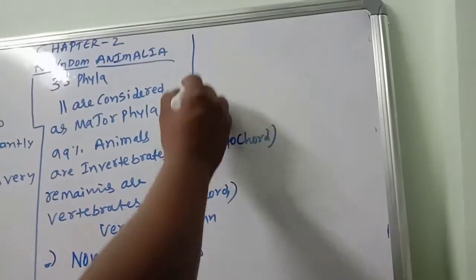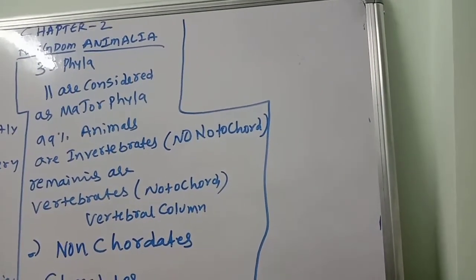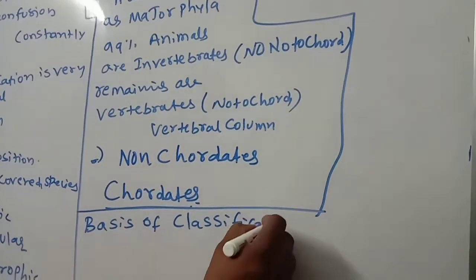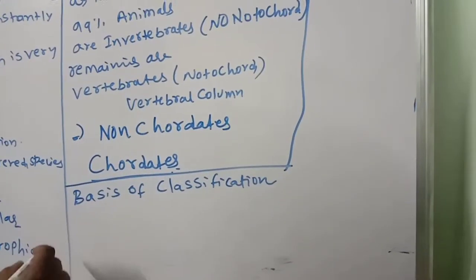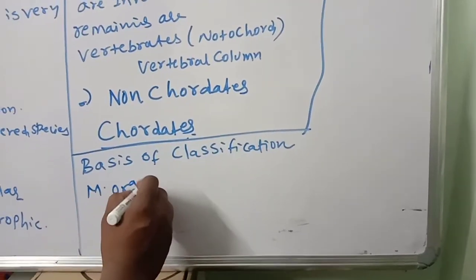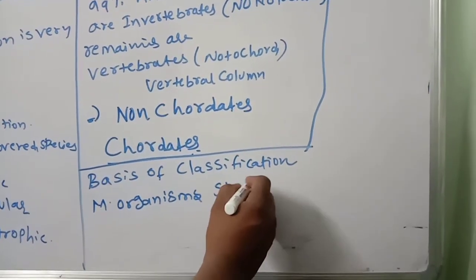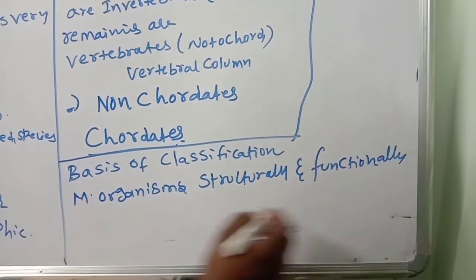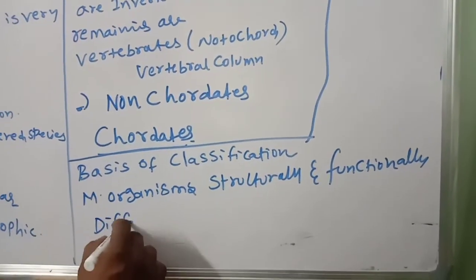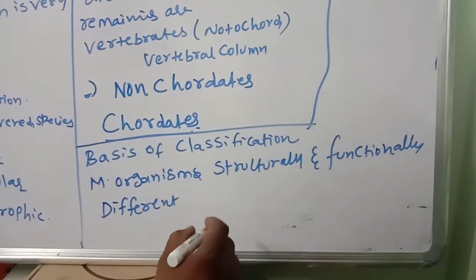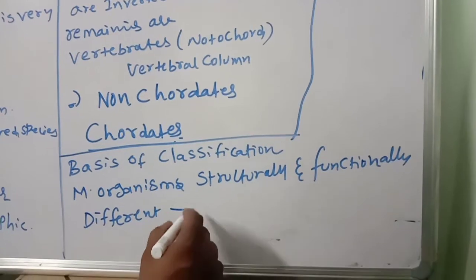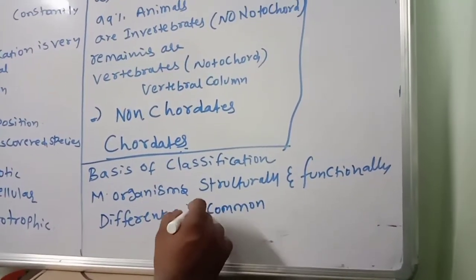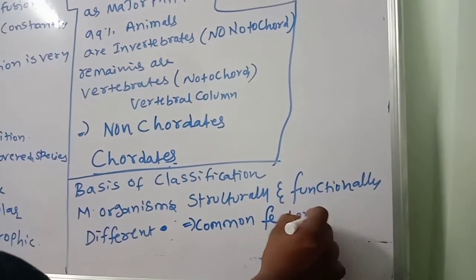The basis of classification: multicellular organisms are structurally and functionally different, but they possess certain common fundamental features. What are the common features?